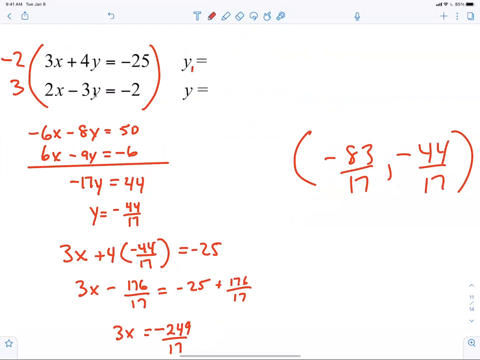So under Y1, everybody should be able to write -25 minus 3x, close parentheses, divided by 4. Anybody have any objections to that? Y2, someone fill me in. Y2 is going to be, tell me. -2 minus 2x.